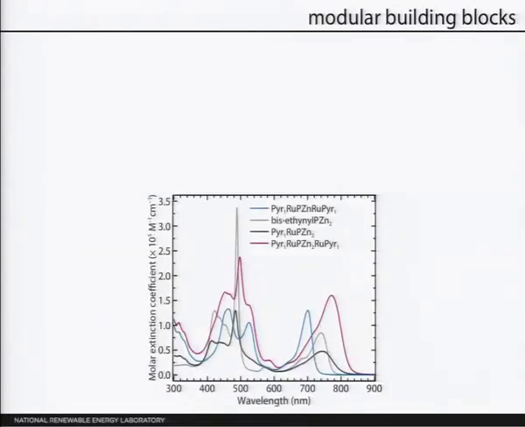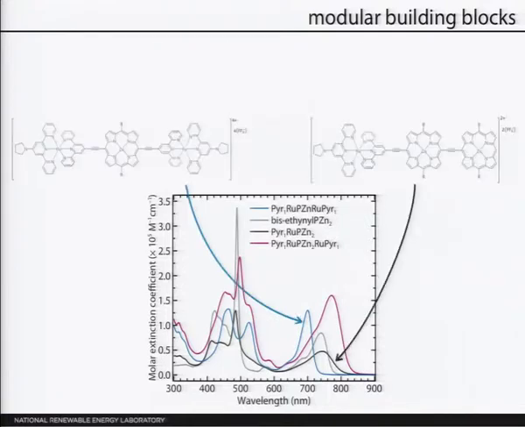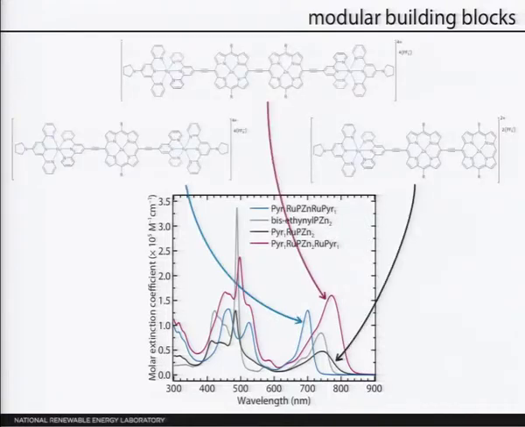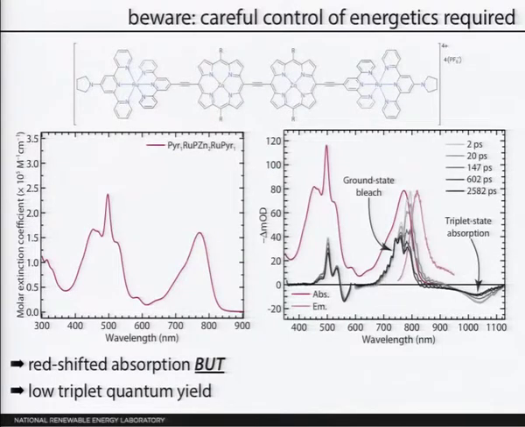A benefit of this system is that they're composed of modular building blocks, so depending on the exact linkage of these components, we can tune the lowest energy absorption band. But that potentially proves to also be a drawback, because in the system that we've so far demonstrated with our most redshifted absorption, we also have a low triplet quantum yield.